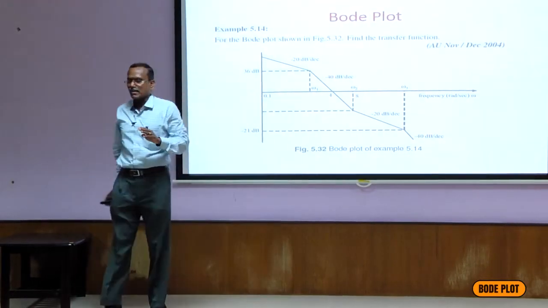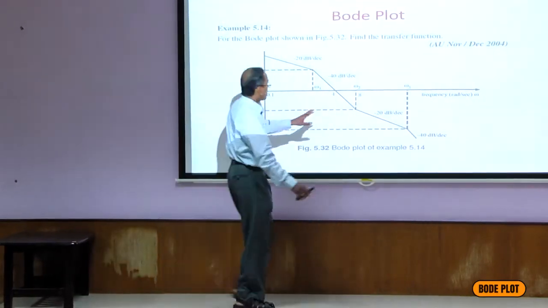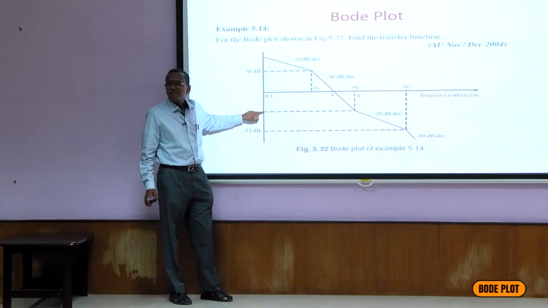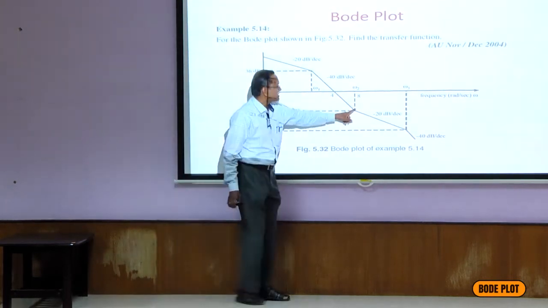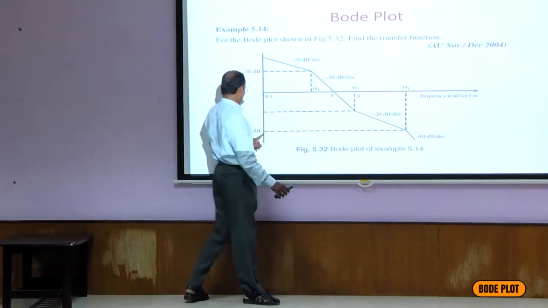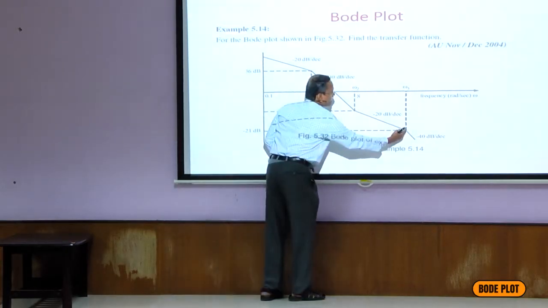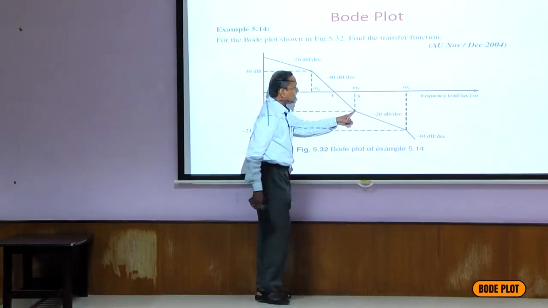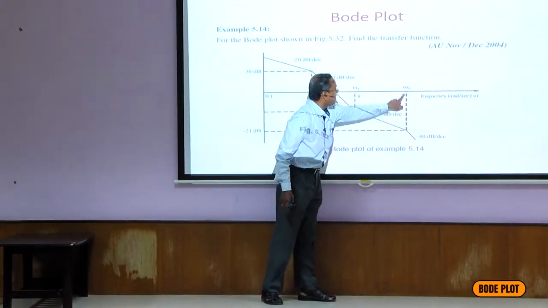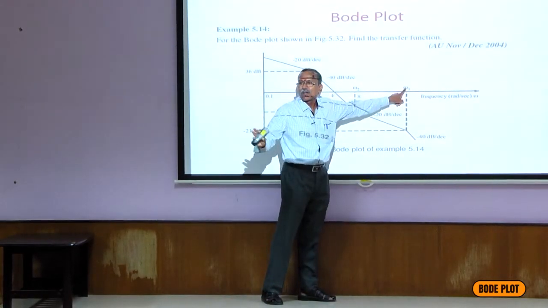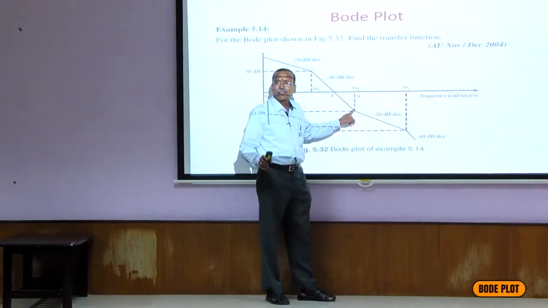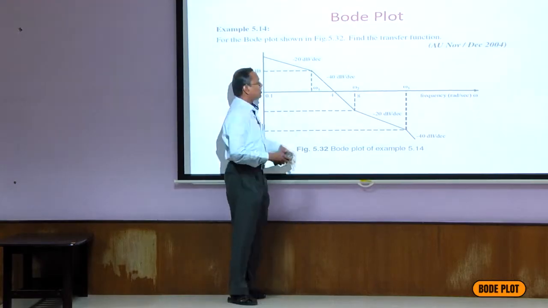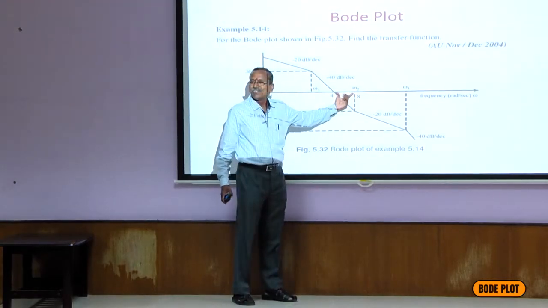One constant is known. Here, at this point, the magnitude is not given. If the magnitude were known, we could find this point using that same formula. For that, the critical thing is the distance between these two points: 4 to 8 is 1 octave.